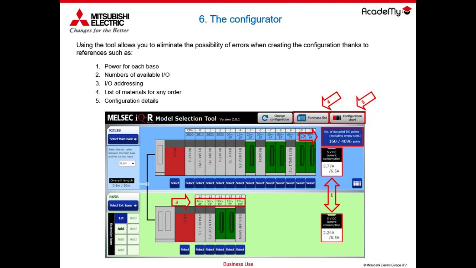Here we are adding modules, but not only modules intended as input and output cards. We are adding points for any module, more or less intelligent. Each of them occupies I/O points. The information is always reported in this box in the configurator. I/O address, in point 3 at the top: based on the occupied slot, we have an address in hexadecimal format.